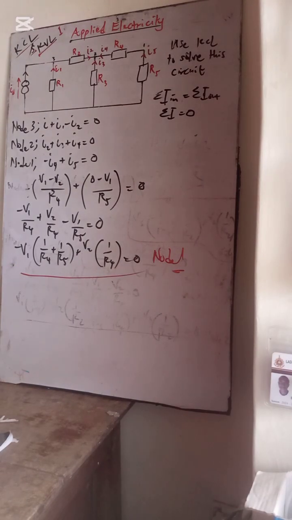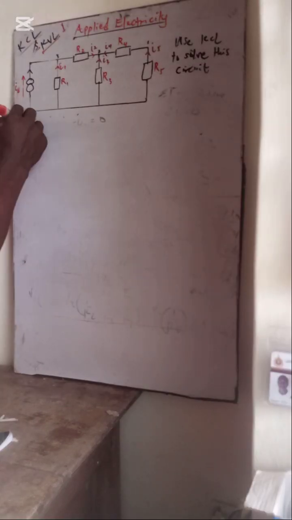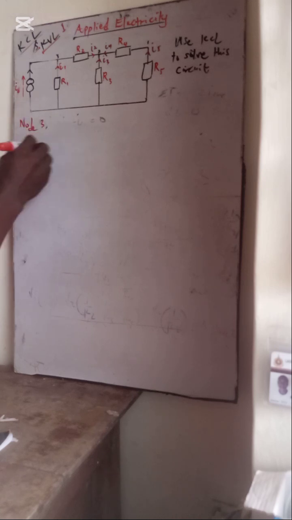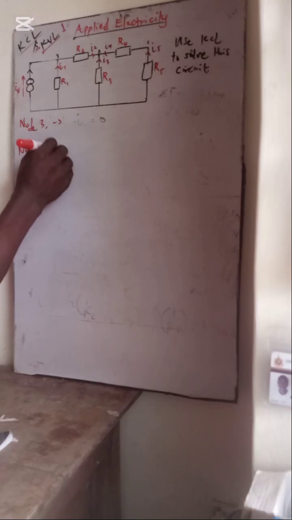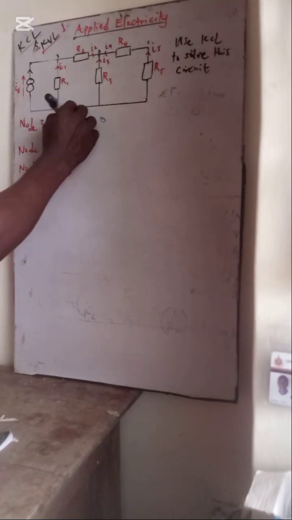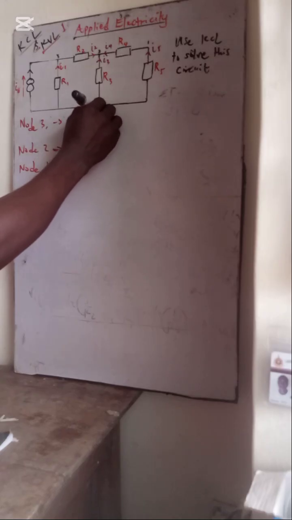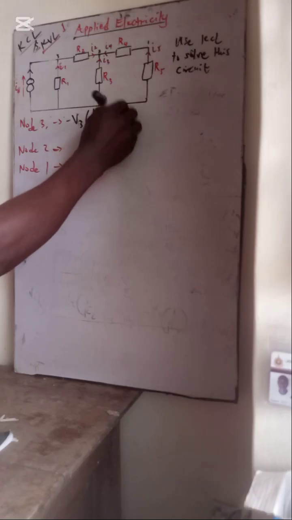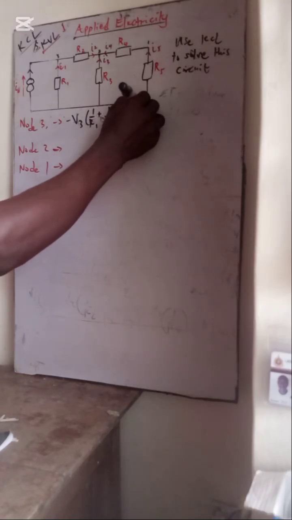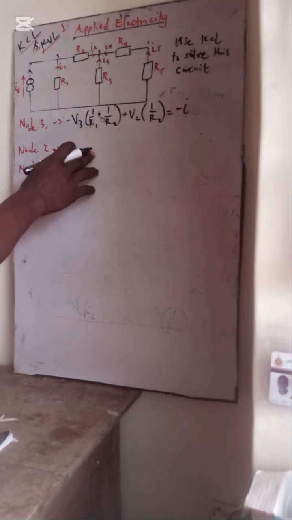Now that we have V3 into brackets 1 over R1 plus 1 over R2 plus V2 1 over R2 for node 2.